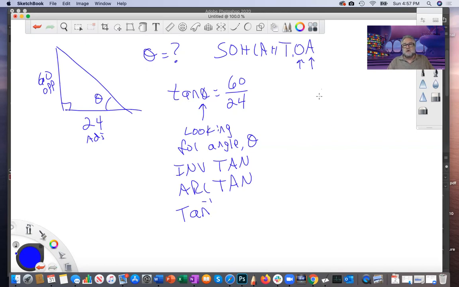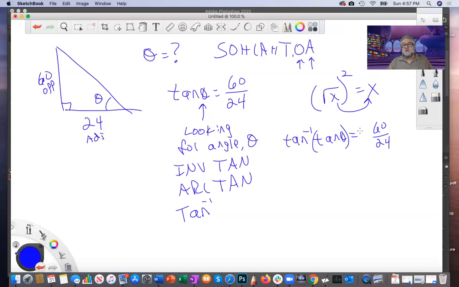And so, as you remember from what we did earlier, if I have a function and I operate on it by its inverse function, I get the argument from inside the function. So it's the same thing here. If I have tangent theta equals 60 over 24, one way to solve for theta is take the inverse tangent of both sides.